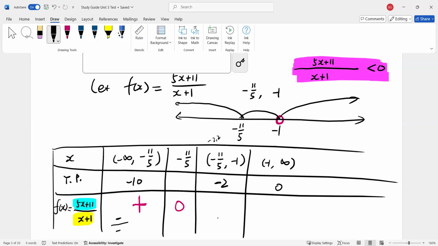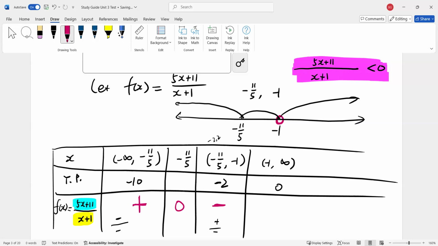And now let's look at the testing point negative 2. When x equals negative 2, blue is positive: 5 times negative 2 is negative 10, and negative 10 plus 11 is going to be positive. Denominator, yellow, is negative. So the quotient is negative, all right?